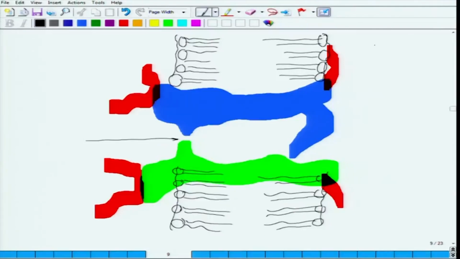So, you can call this inside the cell, and this is outside the cell, and this is the selectivity filter. And this is the aqueous pore. So, this is all protein. Okay.